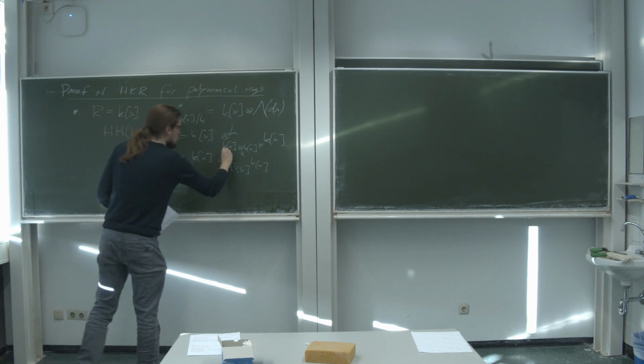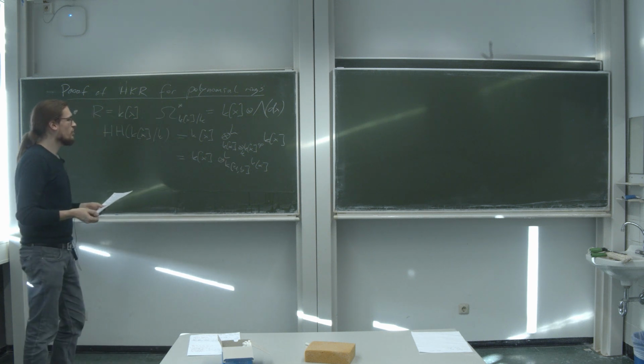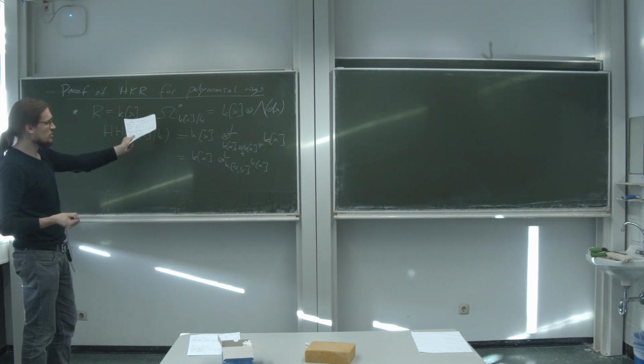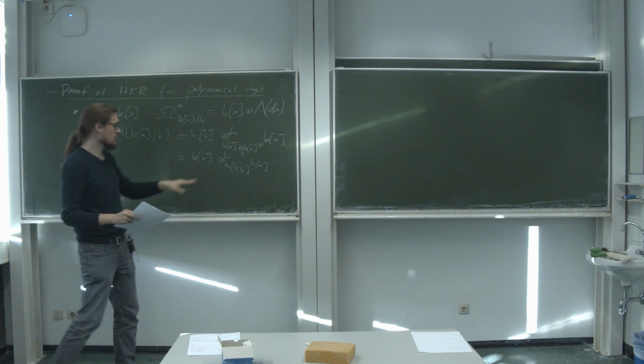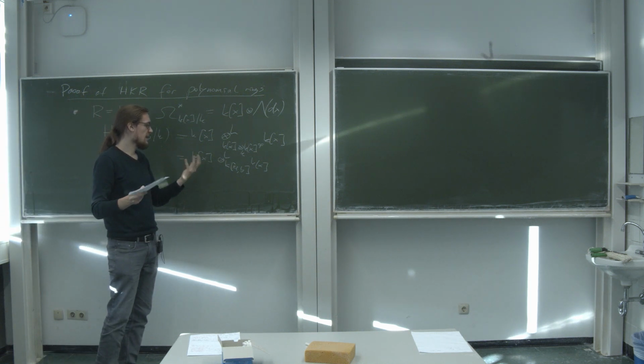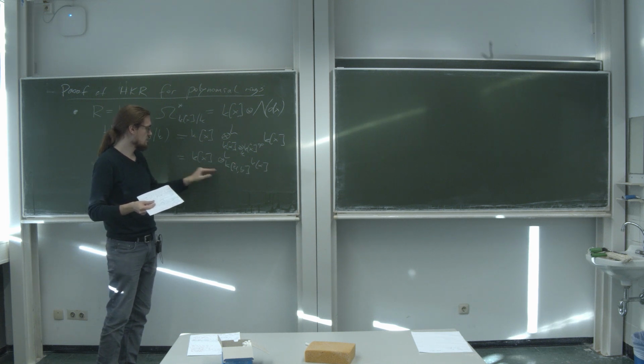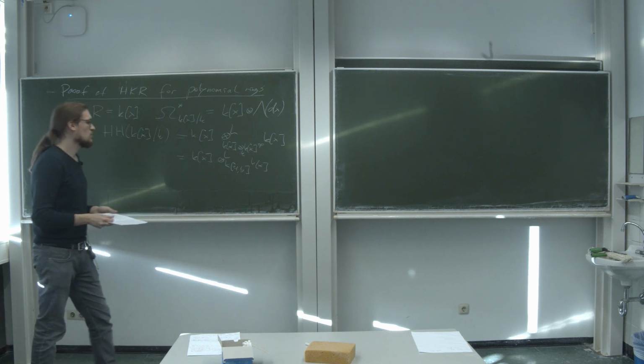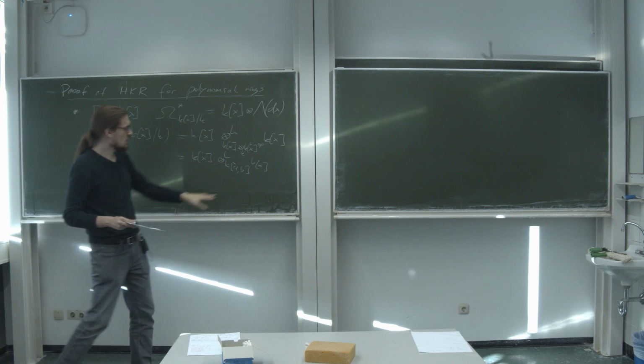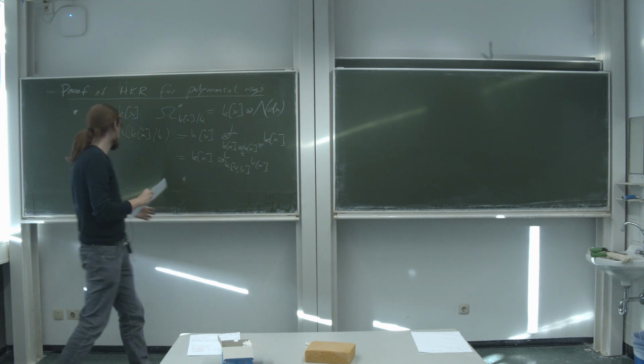So how do we compute such a derived tensor product? Well, we want to check that it's concentrated in degrees 0 and 1. So we're interested in the homology groups, and these are just Tor groups over this algebra with these modules. So how do we compute that? Well, we just resolve this as a module over this.